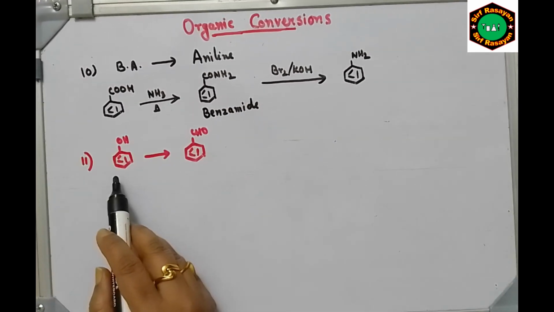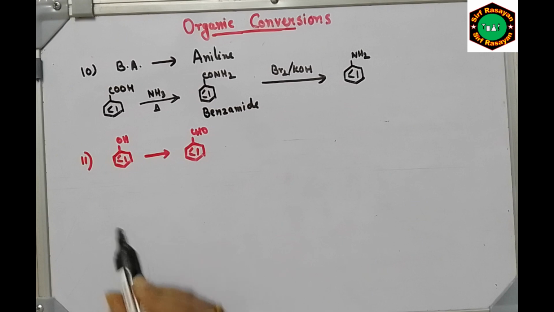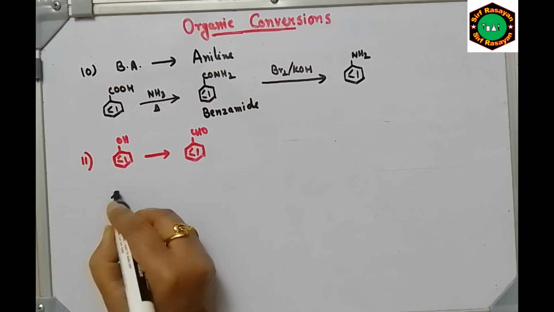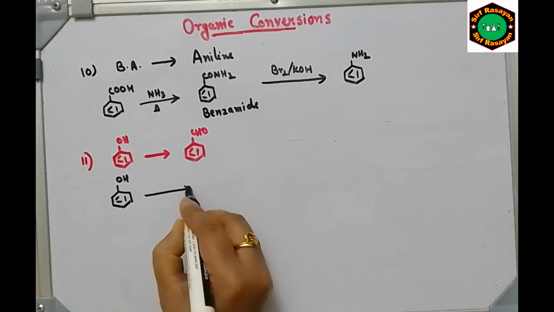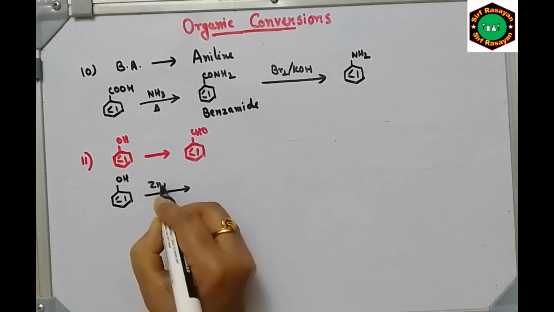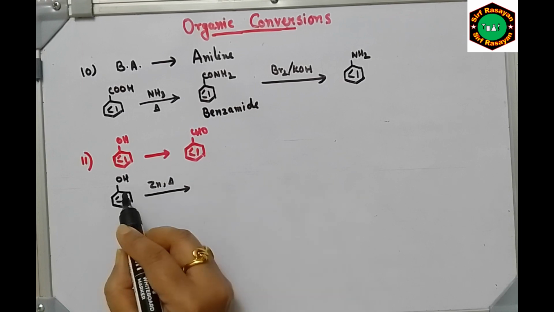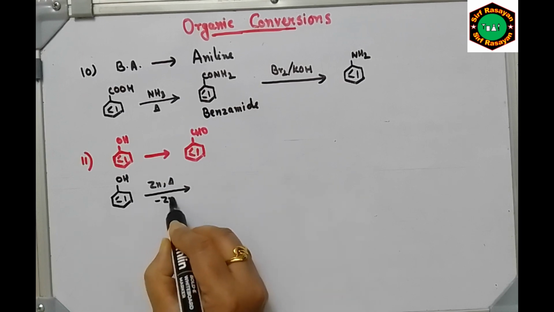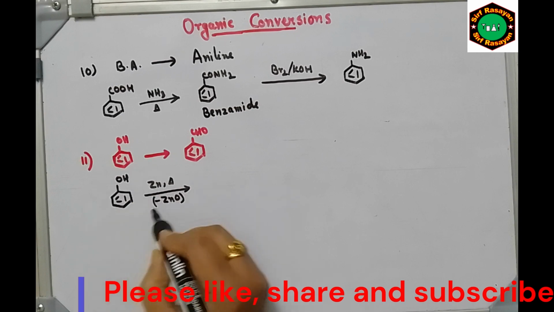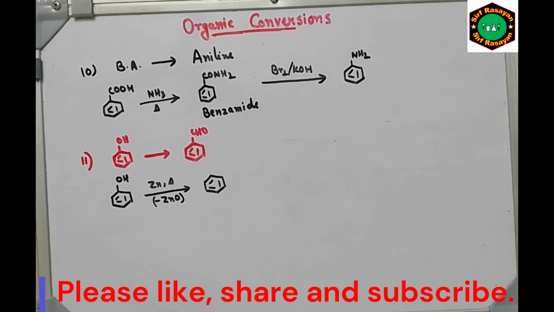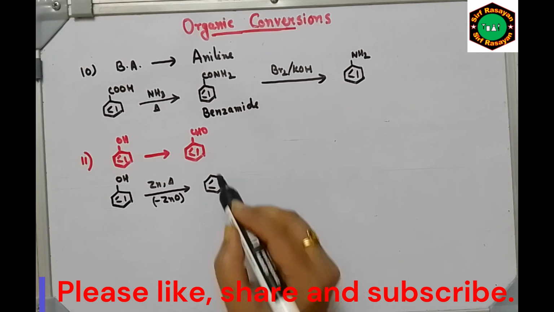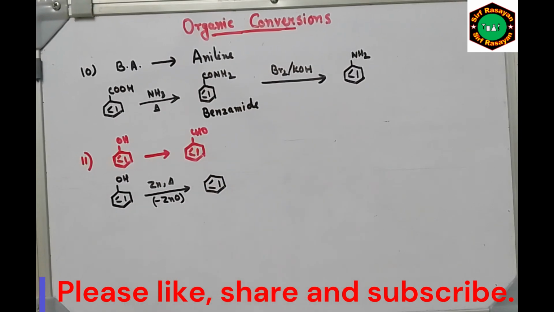Last conversion is phenol to benzaldehyde. Take phenol. You can heat it with zinc dust. Removal of zinc oxide will take place. By reduction, we will get benzene. Now what we have to do? Here another carbon atom we have to insert.